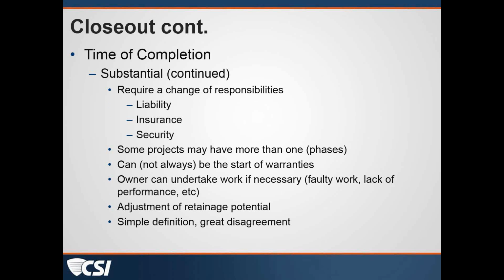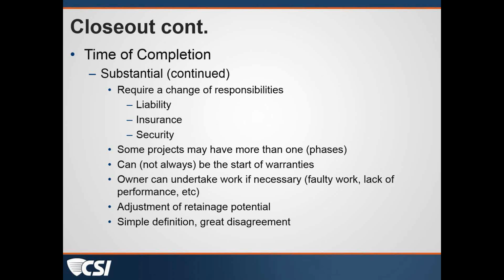This is a point where there is a change of responsibility for the liability of the project, insurance, security, utilities, the operation of the facility, the payment of bills for power, water, things like that. And there may be more than one substantial completion date on a project.